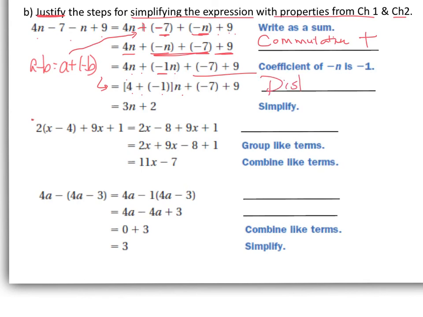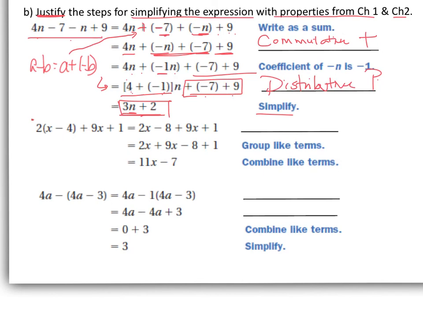So I'm going to write distributive property. And then we can add this together. 4 plus negative 1 is positive 3n. And I can add the constants together. Negative 7 plus 9 is positive 2. And this would be the simplest form of this expression.